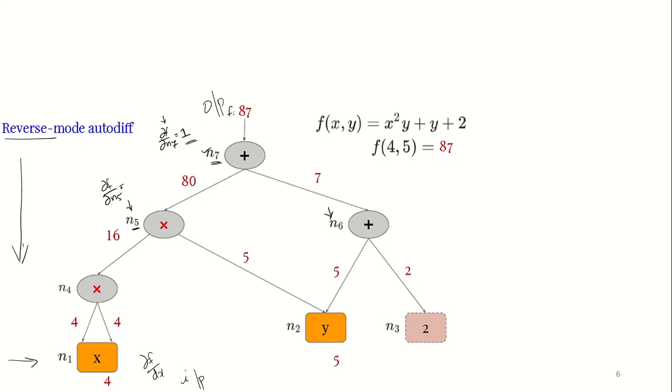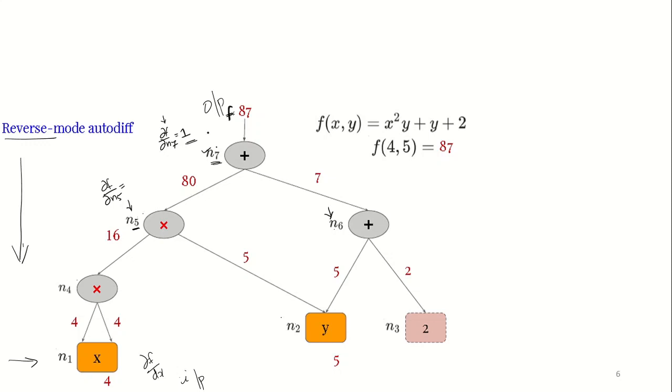And how do we do it? The output function f depends on n7, and the value of n7 depends on n5 and n6. The value of n5 depends on n4 and n2. Similarly, the value of n6 depends on n2 and n3.